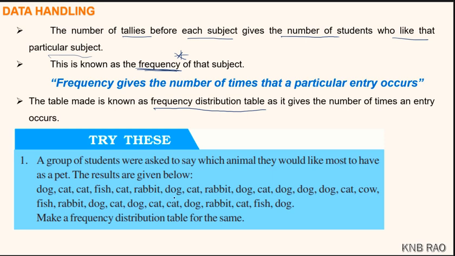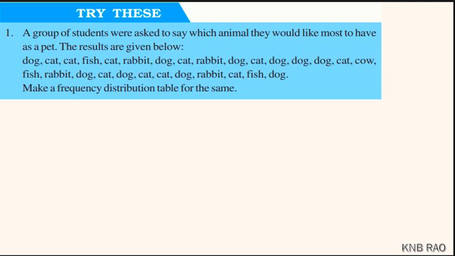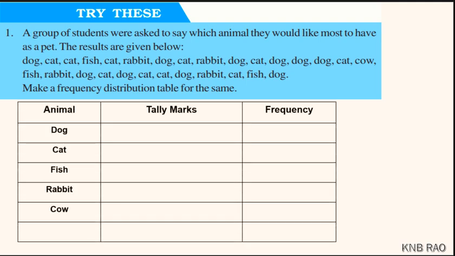Okay? How to make a frequency distribution table for this? Here I am taking the same question and I am going to draw a table for it, a frequency distribution table. Now, how many like dog? So, dog 1. So, I am making tally marks 1 here, then cat 1, 2.